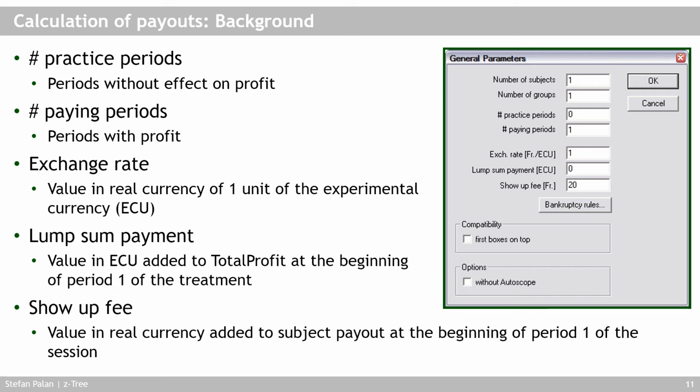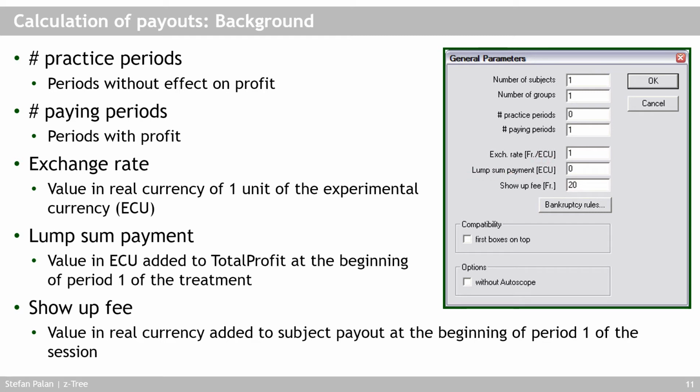Now the exchange rate, as I mentioned in the public goods game experiment, is the value in real currency of 1 unit of the experimental currency. So it says francs here, but you can basically substitute any currency you want here, but ECU stands for the experimental currency.